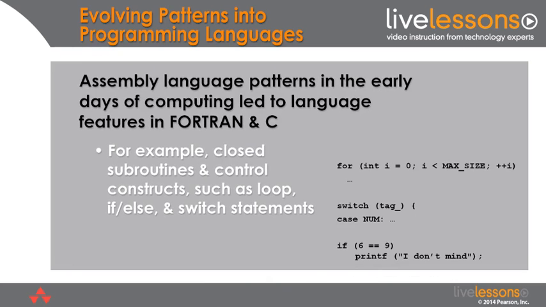For example, if you were to go back and look at how assembly language programmers in the early days of computing structured their assembly code, you would find that they used patterns of assembly programming that later found their way into language features in second-generation languages like Fortran and C. For example, the concept of a loop, a closed subroutine, a switch statement, or an if statement. Those were examples of things that used to be patterns in assembly code that found their way into language features in later languages.